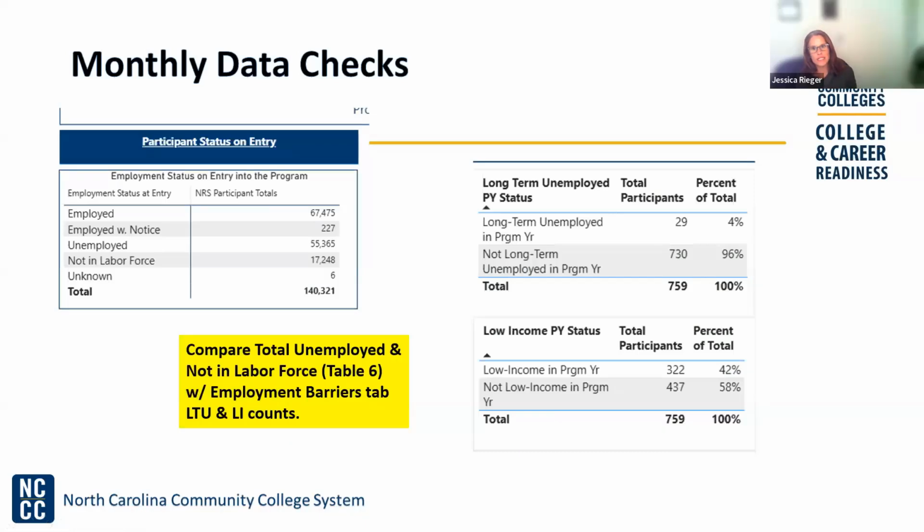So the reasoning behind this is not to give you more things that you have to do. It really has to do with there are a lot of potential forthcoming changes, not only to potentially how the state of North Carolina's adult ed is funded. Currently, our adult ed allocations are made based on the number of immigrants that the state has and the number of people who do not have a high school diploma.